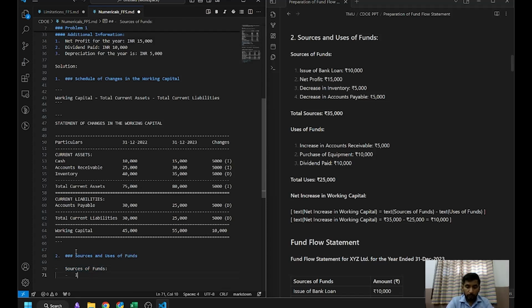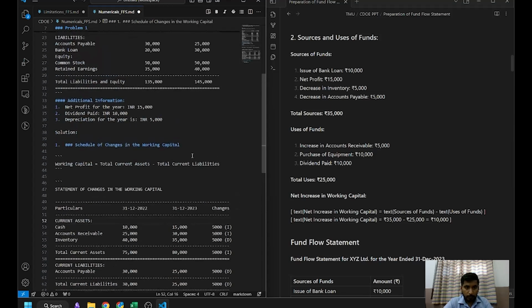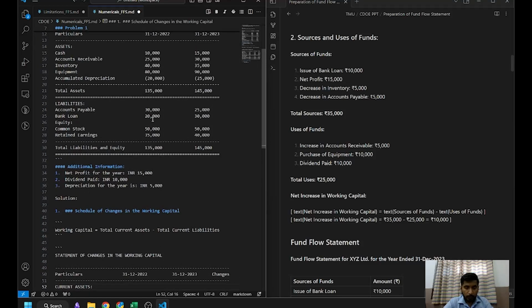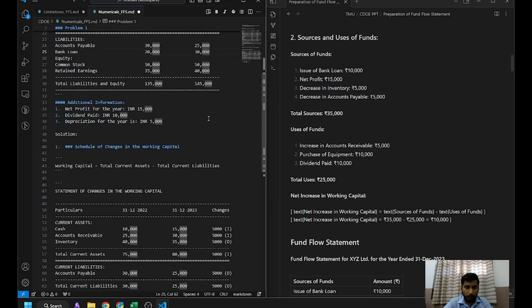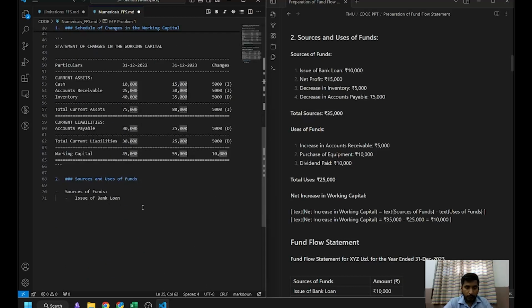Number one source: issue of bank loan. Bank loan went from 20,000 to 30,000. That means the bank loan was issued for how much? 10,000.